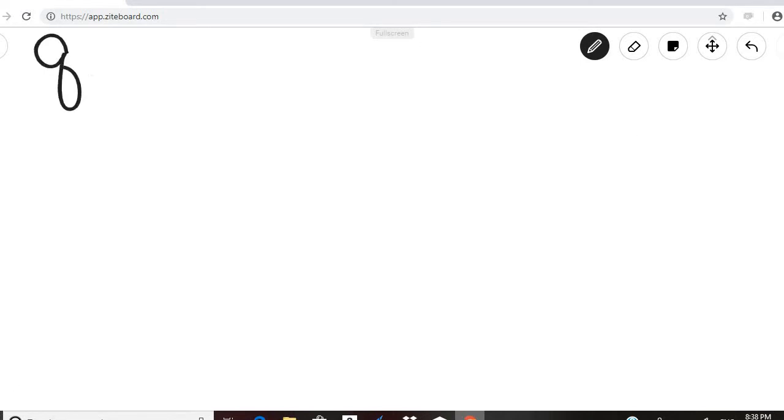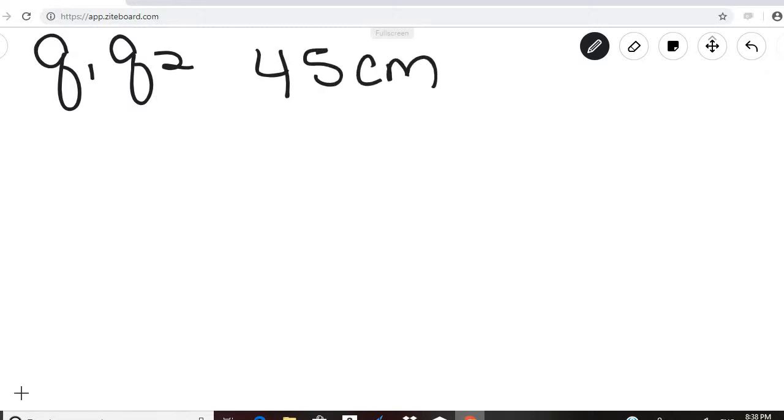Okay, number 3, we have two particles that are equal in charge, but we don't know what that charge is. So we have Q1 and Q2, and they are 45 centimeters apart. Since we work in meters, we can go ahead and change that to 0.45 meters.